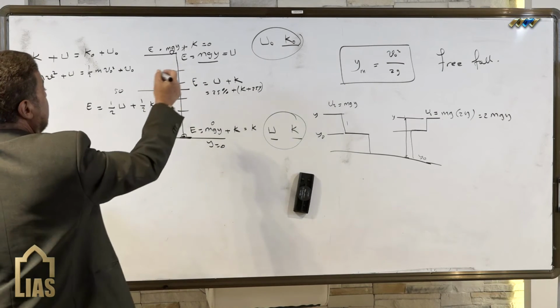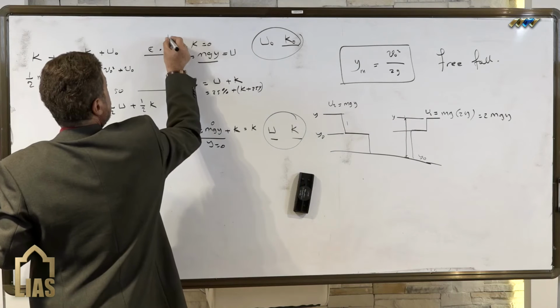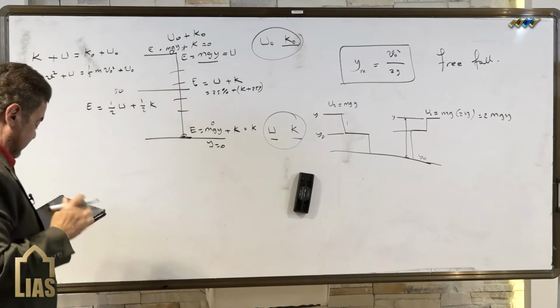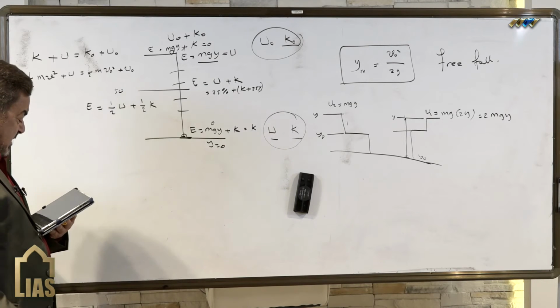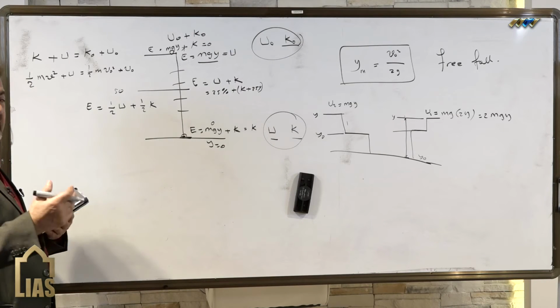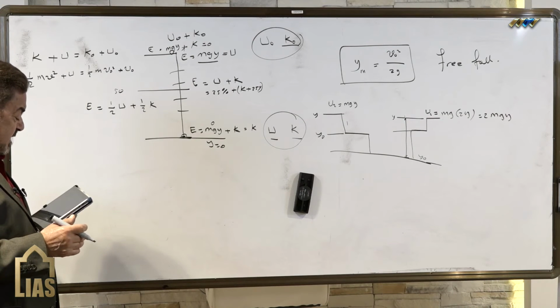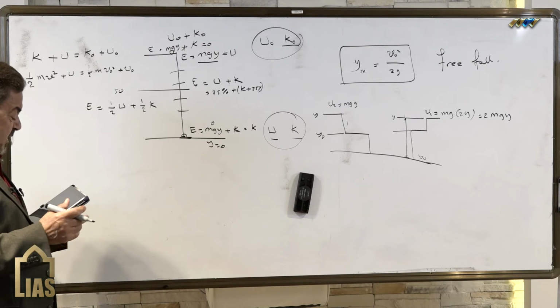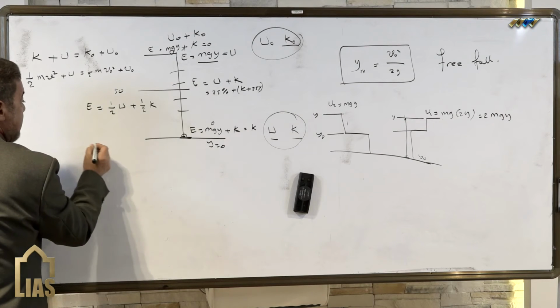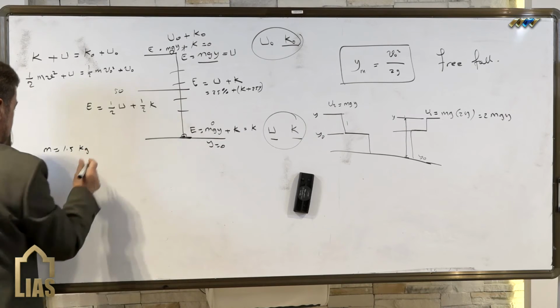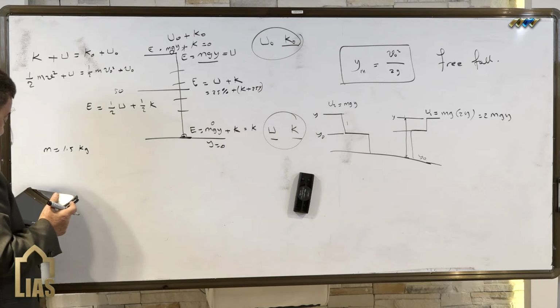First of all, here, which is U0 plus K0. The same thing we say at painter, and the craft world drops 1 kilogram, and then M is 1.5 kilograms, okay?